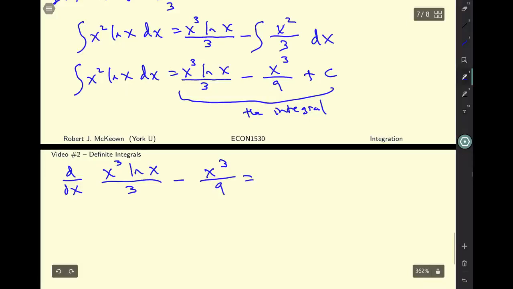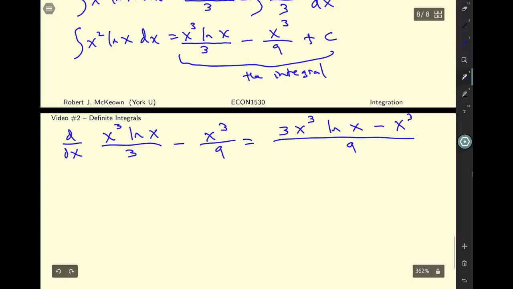And to make things a little bit easier, I'm going to add a common denominator before we take any derivative.